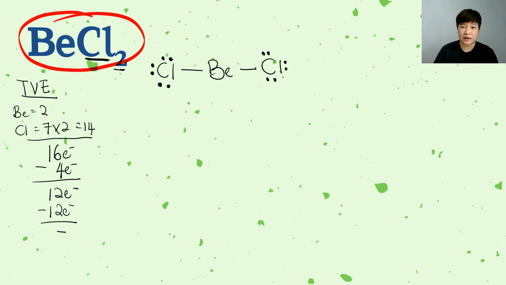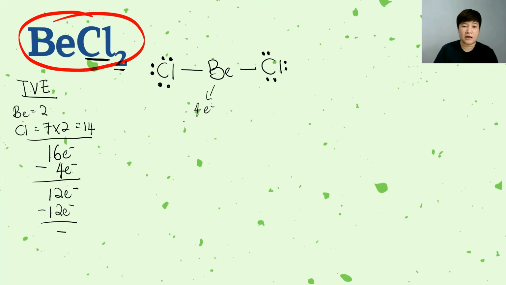But we are not sure whether our Lewis structure is correct or not. So make sure you check whether they achieve octet, incomplete octet, expanded octet, or odd number octet. My terminal atoms both are octet. My beryllium is an incomplete octet, having 4 electrons around it, 2 plus 2 in the bonding.